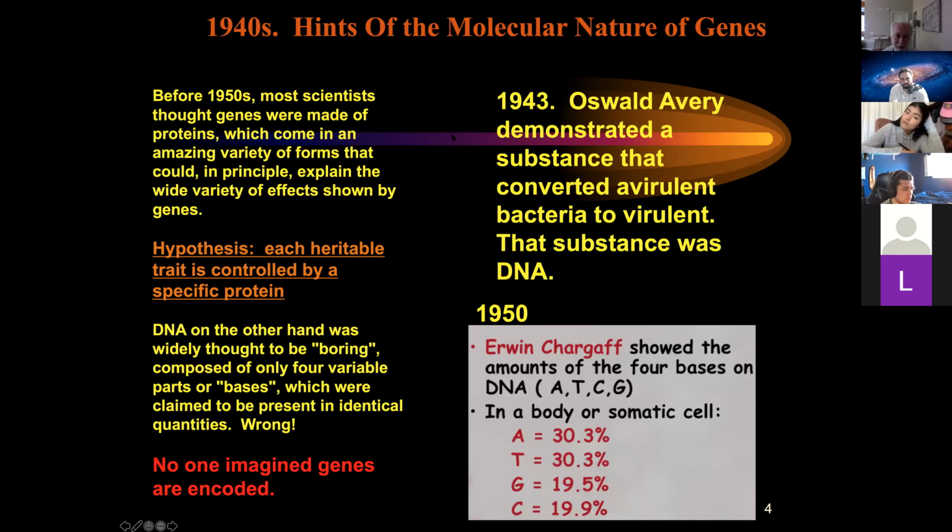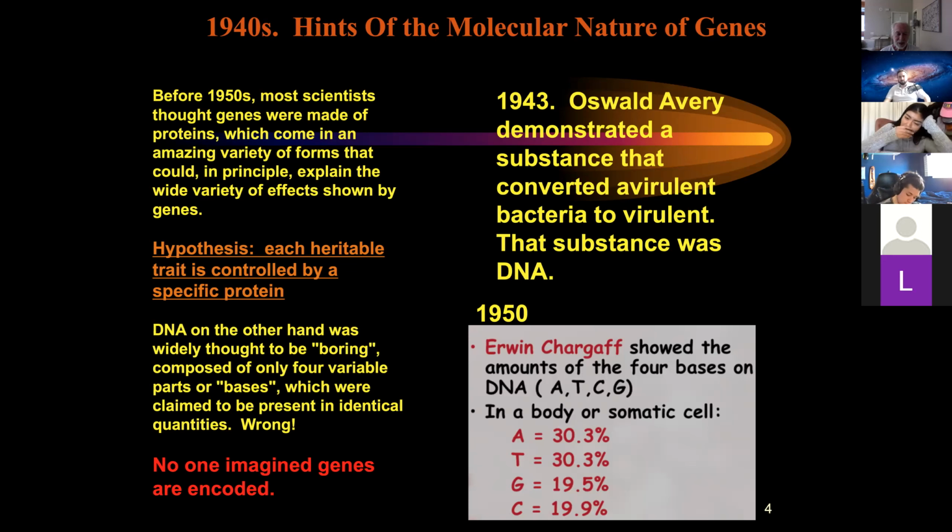Now, I want you to think about the state of genetics before the 1950s. Most scientists thought the genes were made of proteins. And that made sense because they knew that there are thousands of proteins in an organism, and organisms can have thousands of traits.